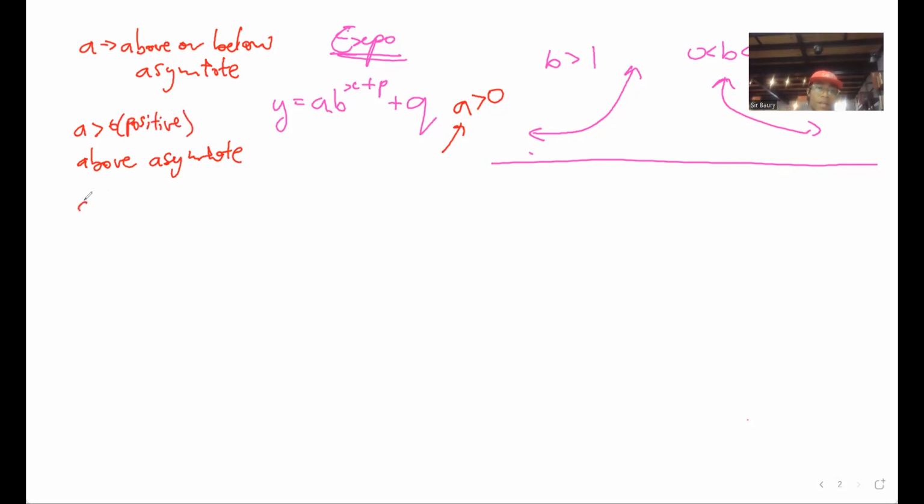Then if a is negative, you have a graph below the asymptote.